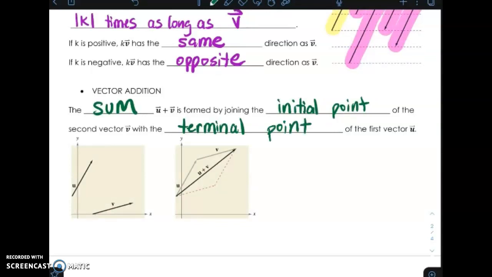So there's a picture here that shows that vector u, and then we've got vector v. You can see that we're leaving u where it is. Then we're taking vector v, and we're attaching the initial point of vector v to the terminal point of vector u. And wherever u starts and v ends, that's the new vector, u plus v, which we're calling the resultant. This is called the resultant of the vector addition.